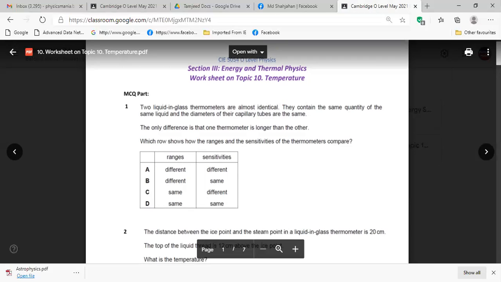Okay. So for this one, to understand, I am now attaching one note.